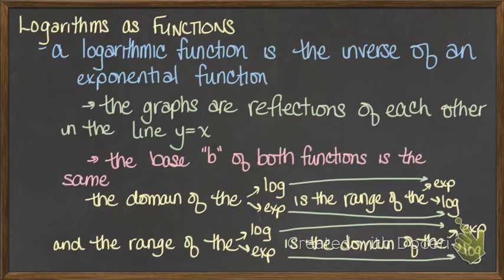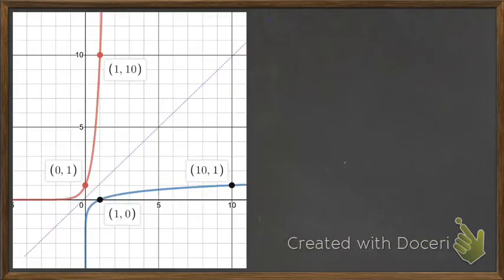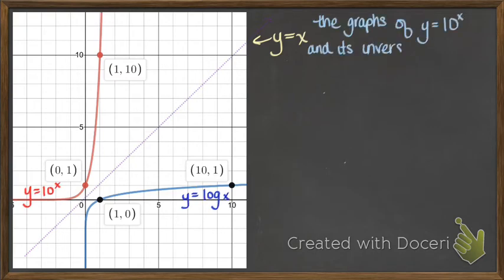Now we should take a look at what these graphs actually look like. What we have in this image is the line y equals x representing that line of reflection, and then the graphs of both y equals 10 to the x and its inverse y equals log x. Now, we don't write the base when it's base 10.